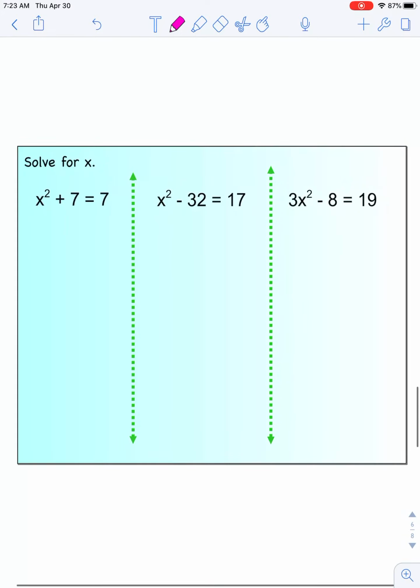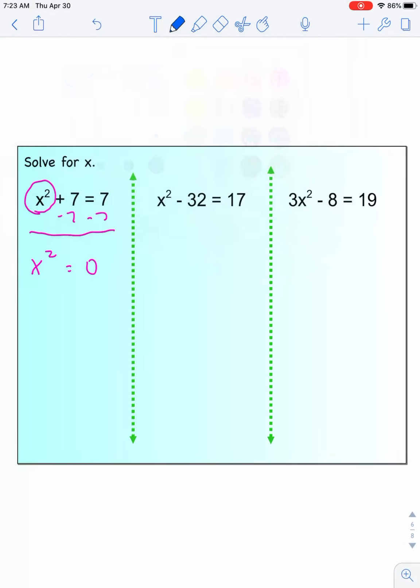So here we don't have what's squared by itself, okay? x squared is not by itself. There's an additional plus 7 there. So we have to get what's squared by itself, so we subtract 7 from each side. Then we get x squared is equal to 0. Now you might think that's a problem. Oh no, what do we do? Well, we just end up taking the square root now of each side.